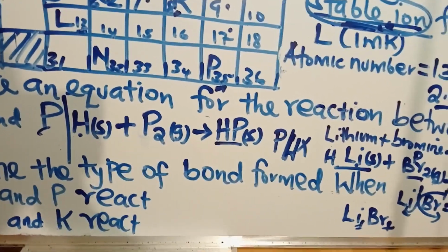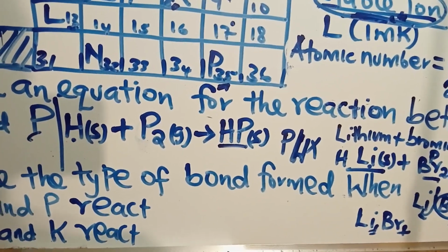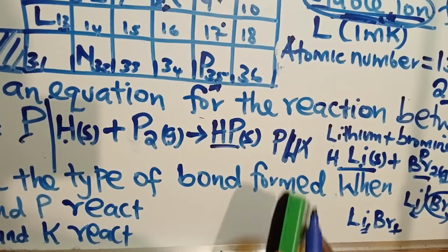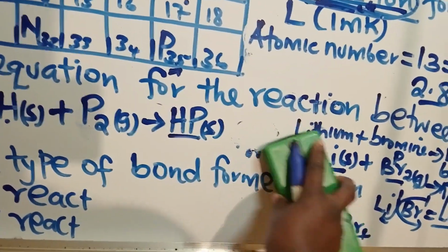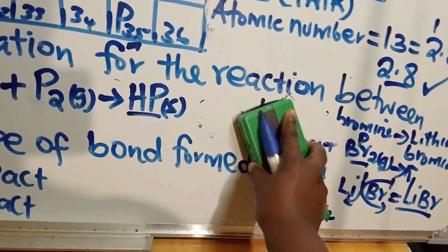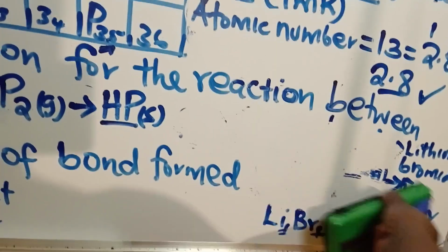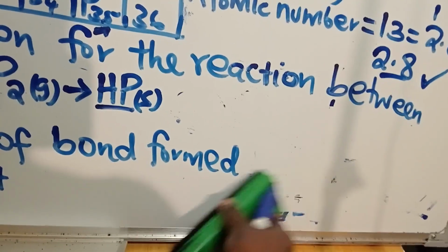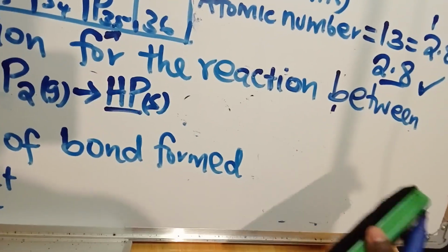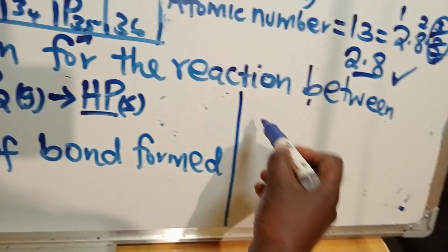So then from there we balance the equation, because a chemical equation must be balanced. So let me show you how we are supposed to balance it. So this is the equation.